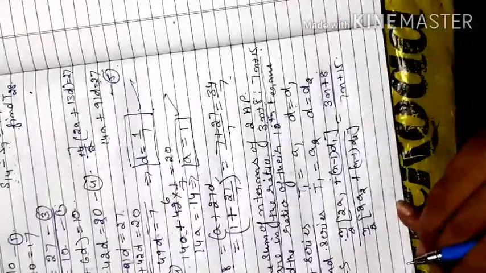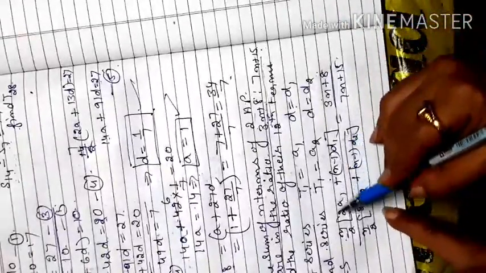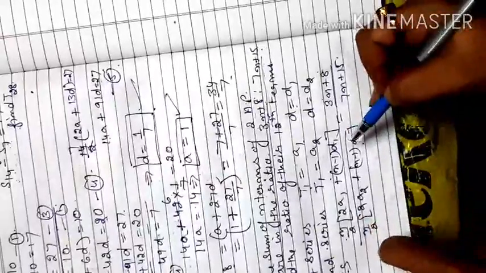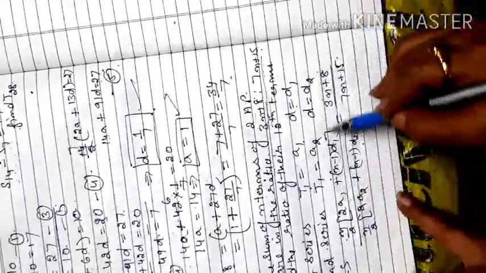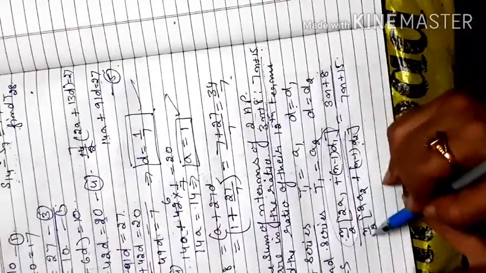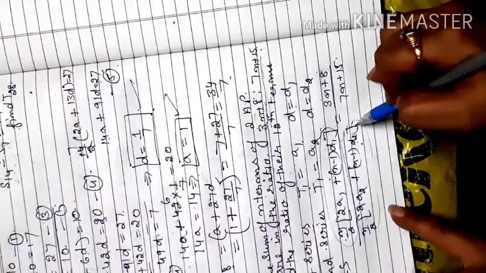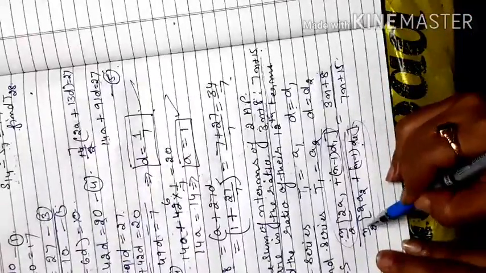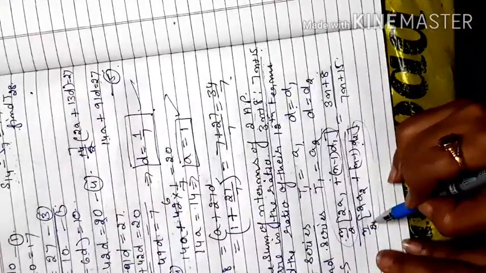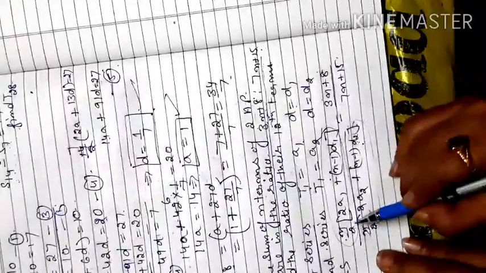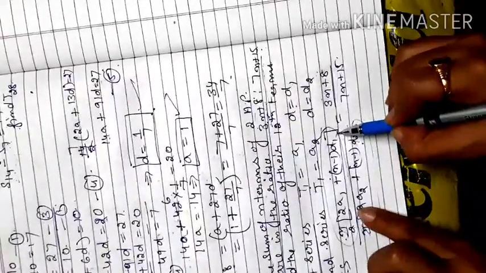First, we will try to convert this sum of terms into the term form, the nth term. So I convert this into the nth term of the first series and this into the nth term of the second series. How will you convert? If you think n/2 and n/2 are the same, I will not cut this 2, I will cut only n, and 2 will be divided into all the terms.